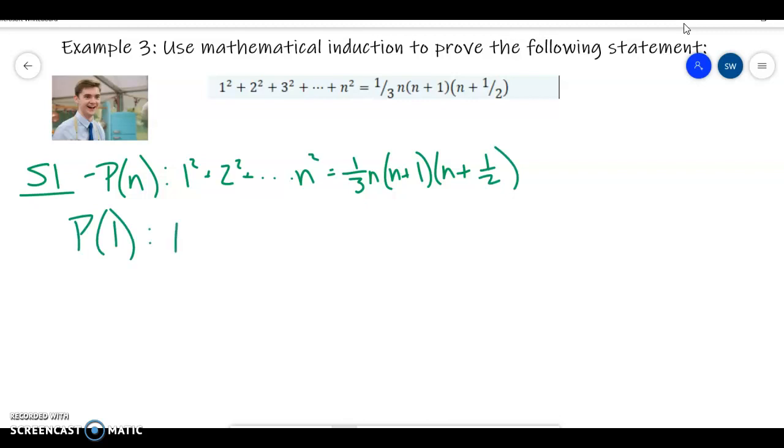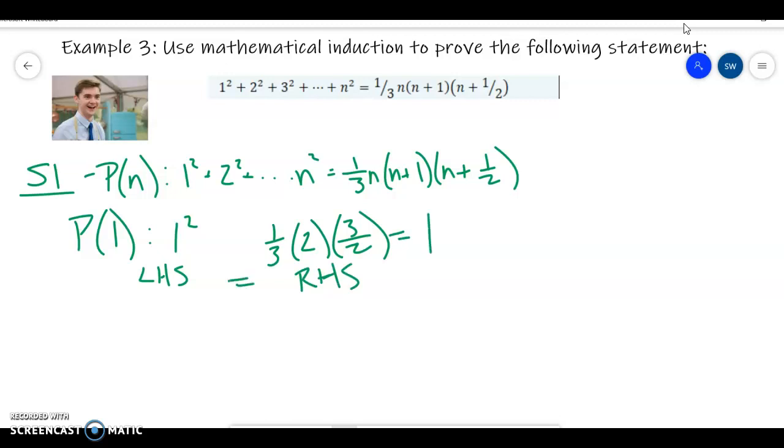That would be 1 squared on the left-hand side, and the right-hand side would be 1/3 times 1 times 2 times 3/2, if you replace all the n's with 1. Everything cancels, leaving 1. So the left-hand side does indeed equal the right-hand side. Check.